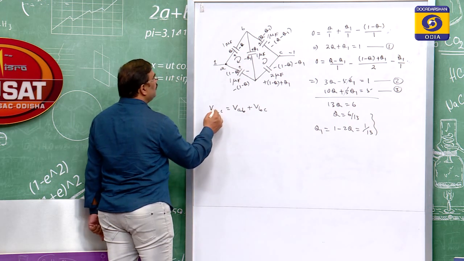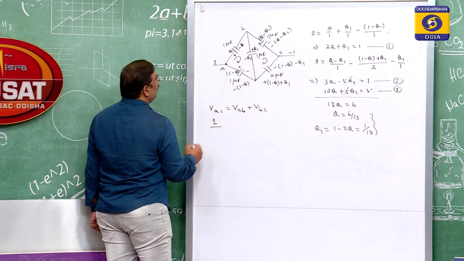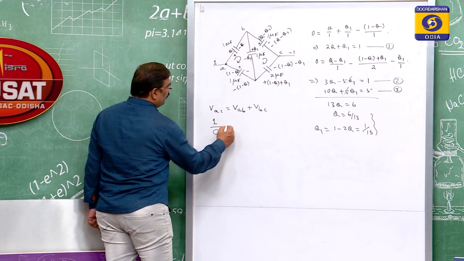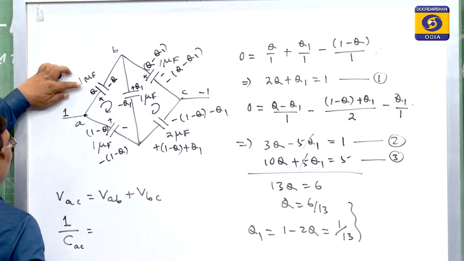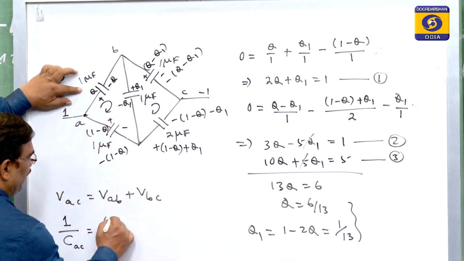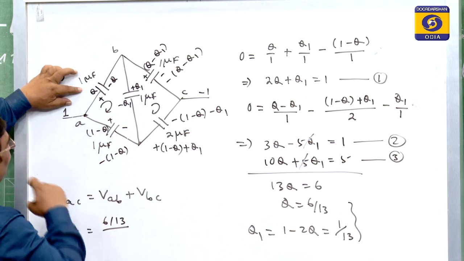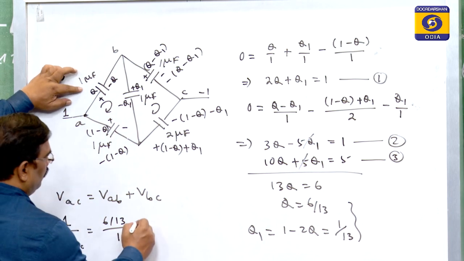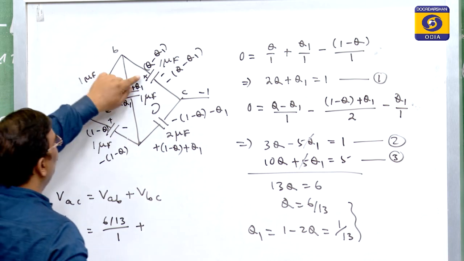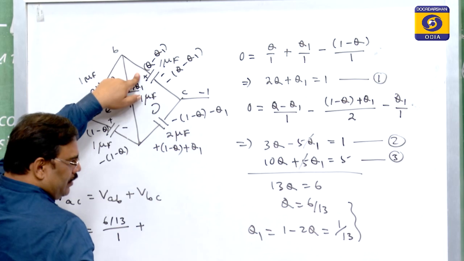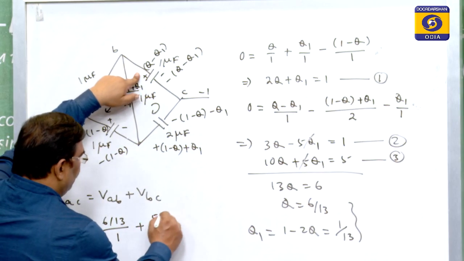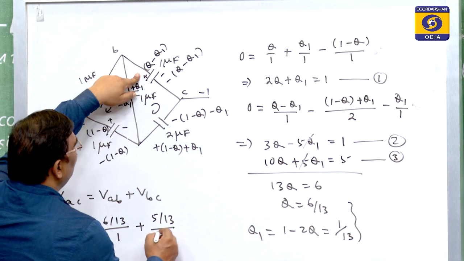It is Q by C AC, total charge is 1, and let the effective capacitance be C AC. So, V AB is, charge is 6 by 13 divided by capacity 1, plus V BC, it is Q minus Q1, which is 5 by 13, divided by 1.